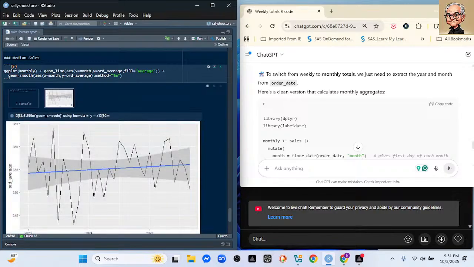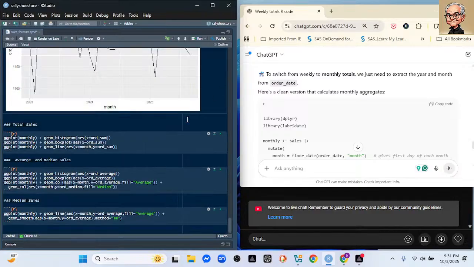Okay, so what this is telling us is, well, we are seeing a slight increase, aren't we? We're starting below the 355 and finish, oh, very nice. So the average is showing, median.